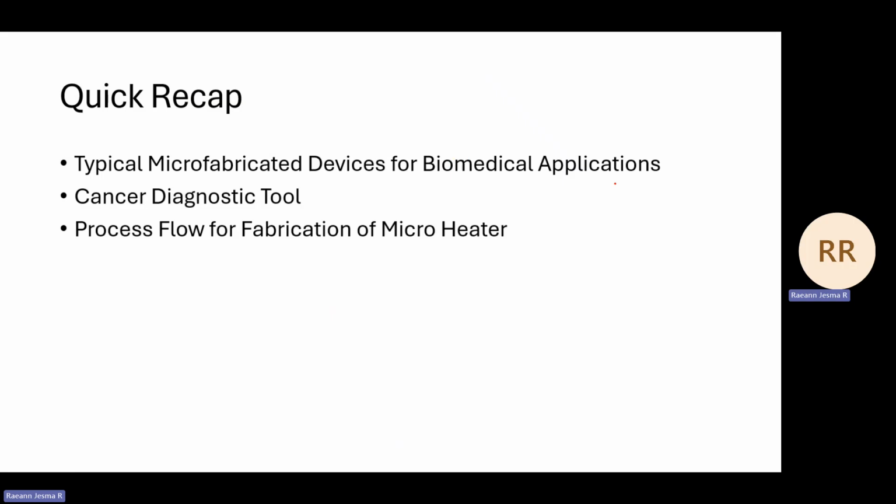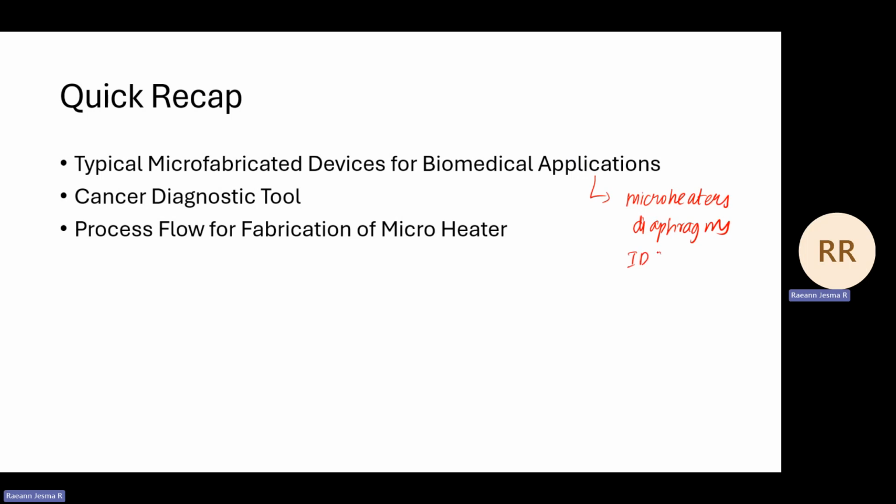In this, we saw different kinds of MEMS devices, like micro heaters, diaphragms, and IDE.